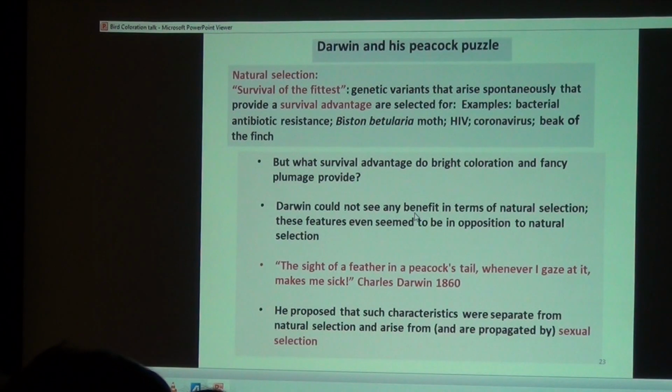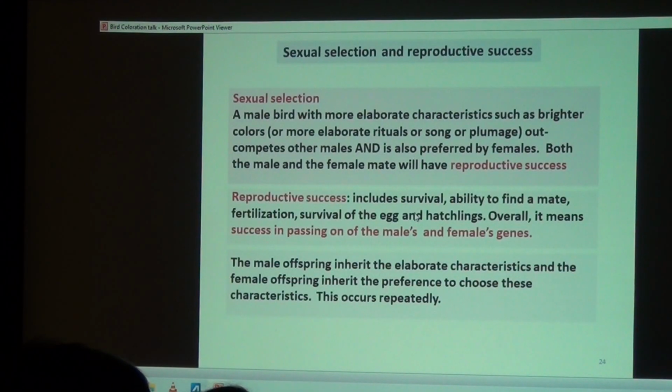It just didn't seem to fit. So he proposed that such characteristics were separate from natural selection and arise from and are propagated by something he called sexual selection. This is different from natural selection, and he had to propose this because these things just didn't fit in his main theory.